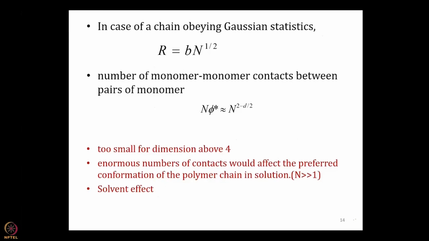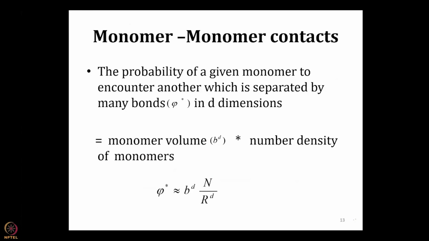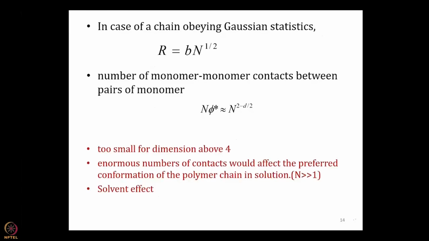Now, in the case of a chain obeying Flory, if it is a Gaussian polymer, which is called an ideal chain, then R goes as B times N to the power one half.